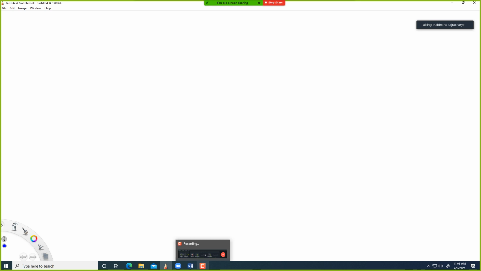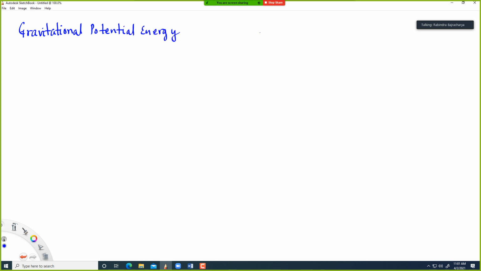So there are two types of potential energies. One is gravitational potential energy, and the other one is spring potential energy.